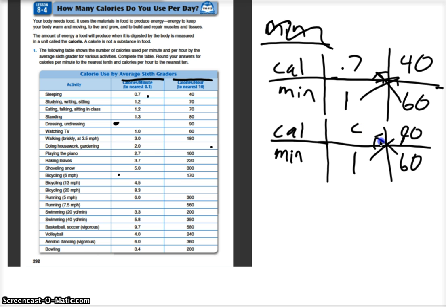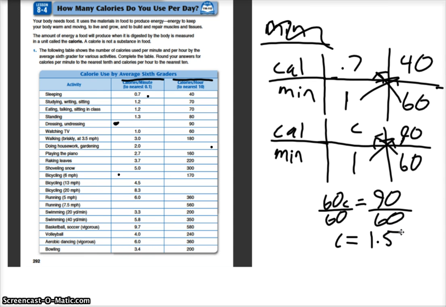So let's cross multiply. So we have 60C equals 90. Divide by 60 on both sides, and we see that C equals 90 divided by 60, which is 1.5 calories.